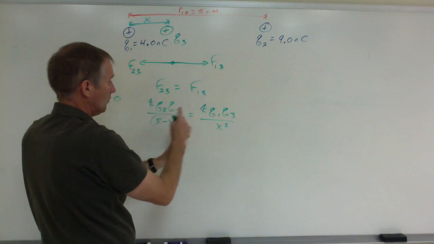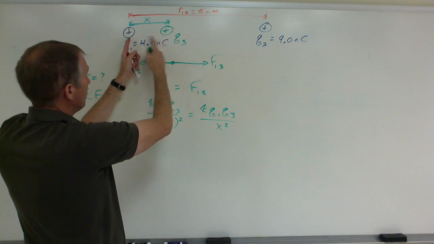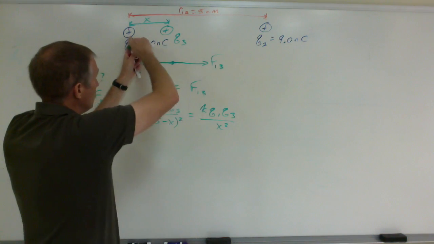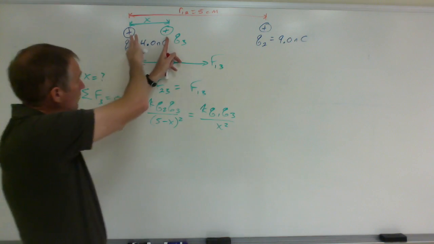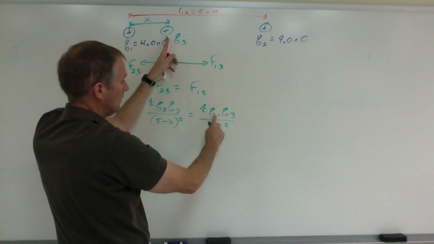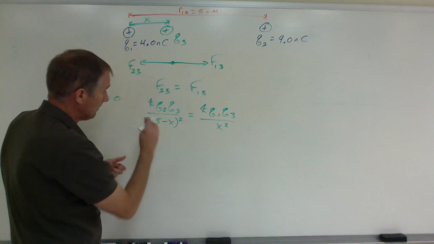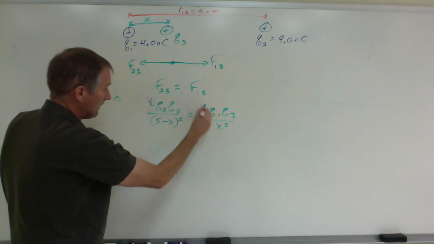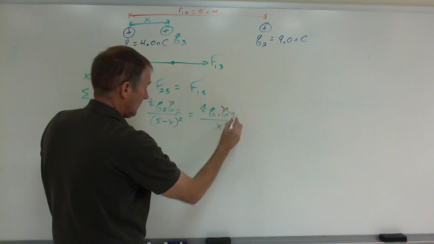And then over here, F13 is the force pushing that to the right. It's repelling that to the right. K, Q1, Q3 over x squared. Anyhow, K and K are on both sides. Those cancel. Q3 and Q3 cancel.